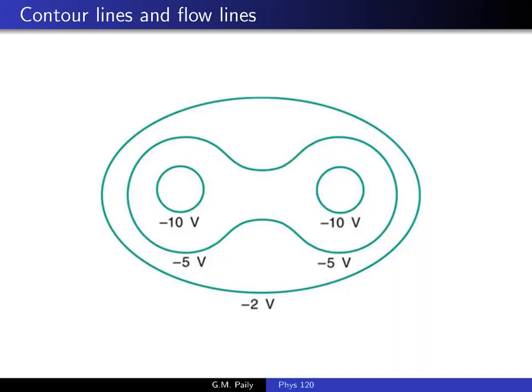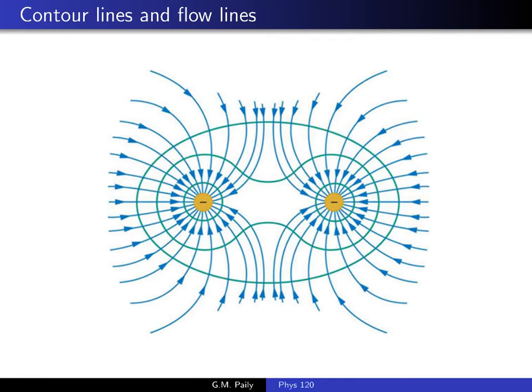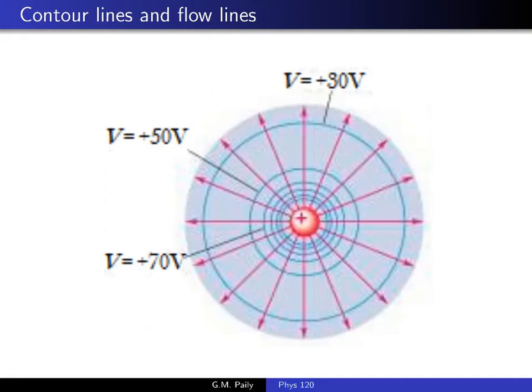Let us return to our example with the equipotentials. Here we see that the flow lines, of course, are the field lines. And so the field lines are indeed always perpendicular to the equipotentials. And they are flowing to places of lower or negative potential. Let's look at a few more examples.